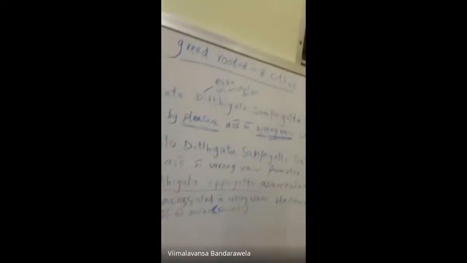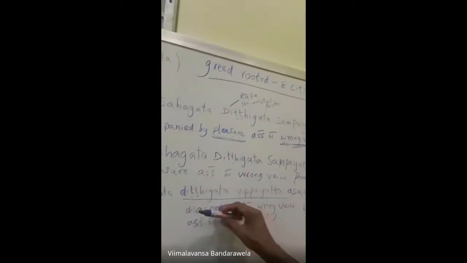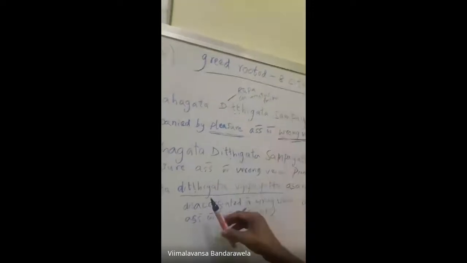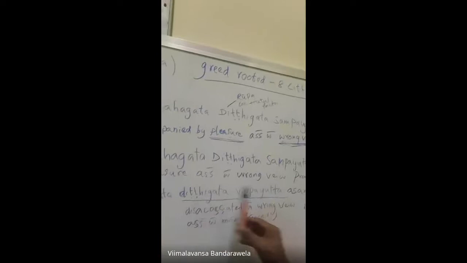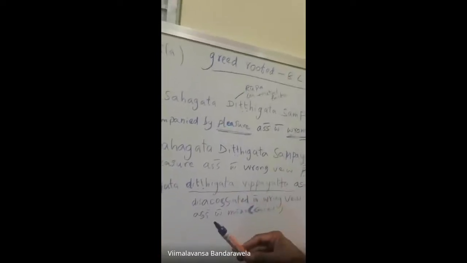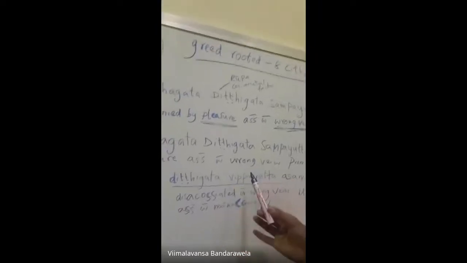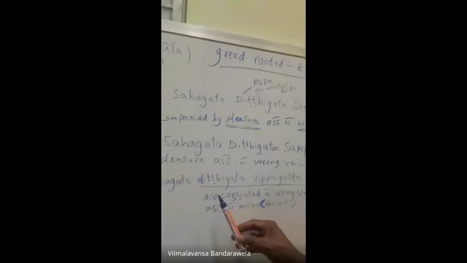Associated with conceit then. That means now your consciousness has an object, but you don't have any wrong view here. Wrong view means the annihilation view or the perpetual view; perpetual is sassata ditti.